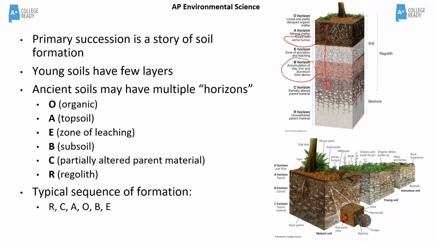And then you may get a thin lens of what is like an A horizon topsoil forming. And as that gets older, you get the layer of organic material as more and more life starts to colonize. You get that O horizon on the top starting to form.